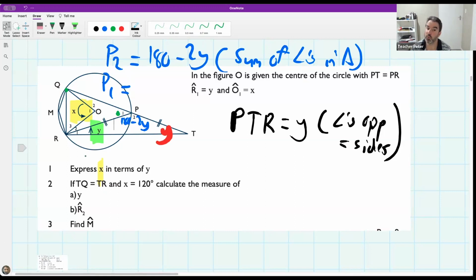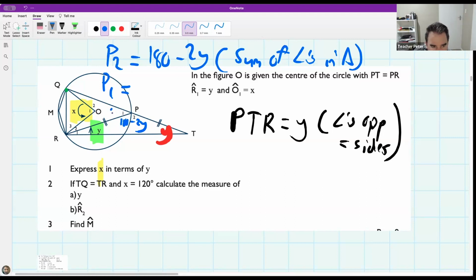So it would be half of x, you're right. But okay, you're onto something. I was going to connect them to x in the next step, but I was staying in y land. If I had to write this in terms of y, what would I get for that green dot? You know that this one is 180 minus 2y.